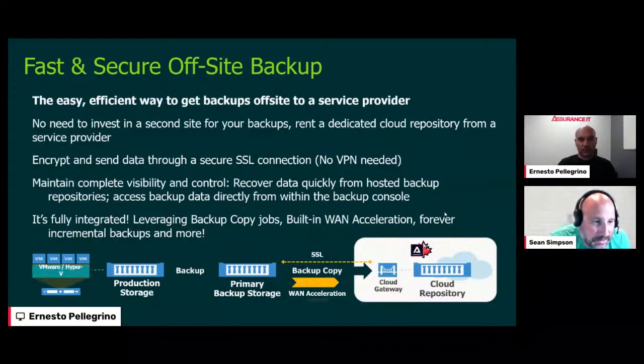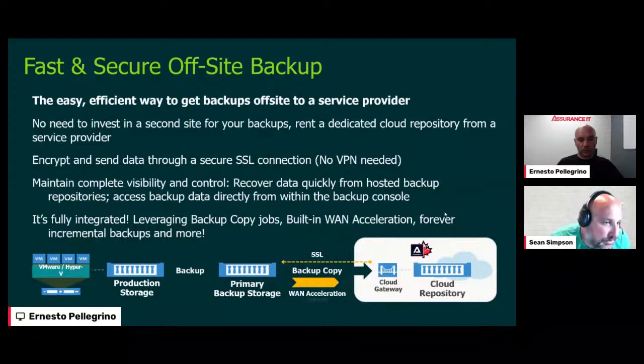Yeah, so as you can see from the diagram down below, the nice part about this is the way that the communication takes place between the tenant and the Cloud Connect gateway. There's no additional VPN or anything like that that needs to be put into place. You're going to have secure communication over SSL from your location to Assurance IT via what we call the Cloud Connect gateways.